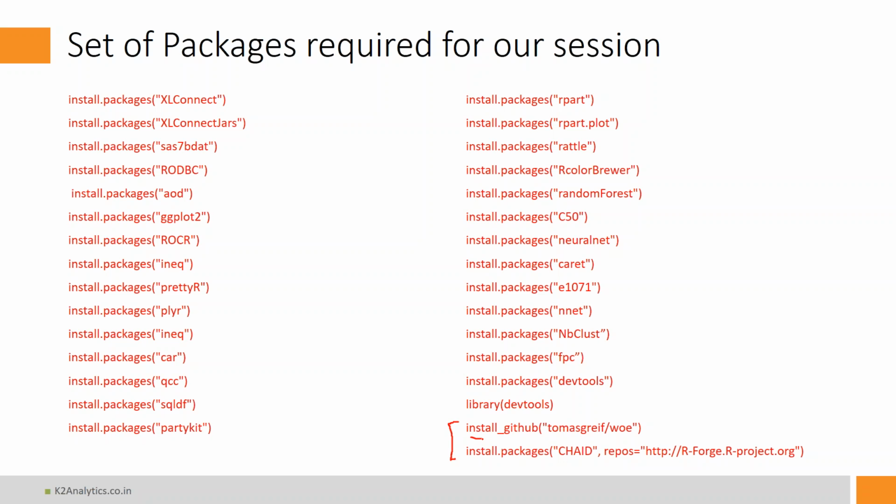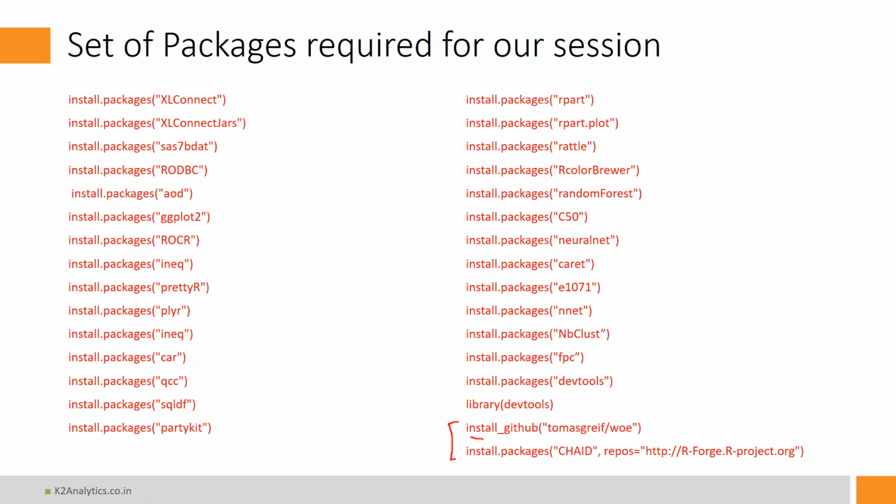On GitHub, people create their own packages, own utilities. Some of these utilities, those people would not have submitted to CRAN for releasing those packages to people at large. They would have created their own package and they are using it from GitHub.